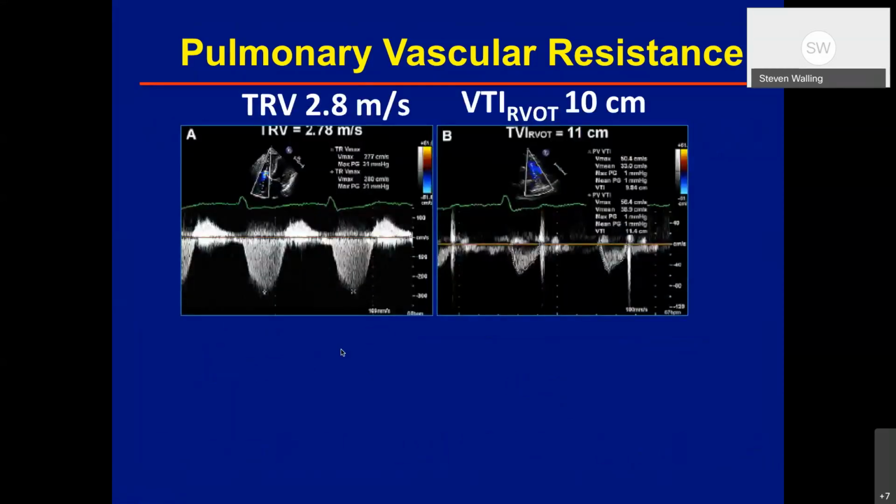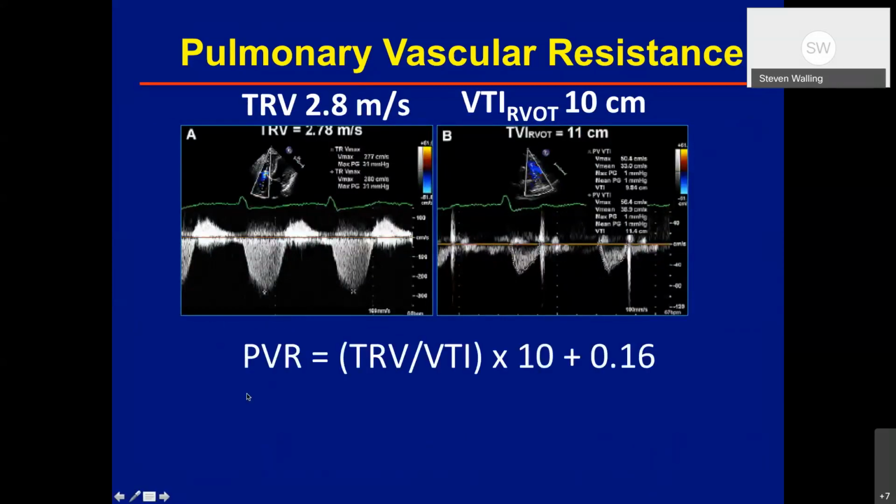And the other way we can use to calculate pulmonary vascular resistance is using these 2 views. One is the tricuspid valve, the TR jet. The other one is the RVOT, pulmonary valve, the VTI. So basically it is the TR velocity divided by the VTI of the RVOT times 10.